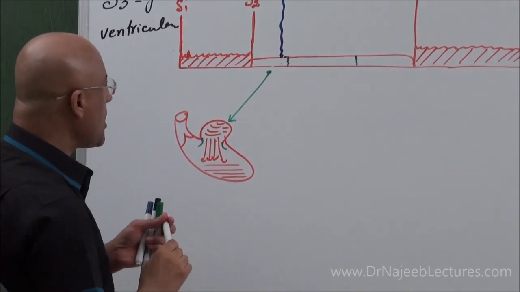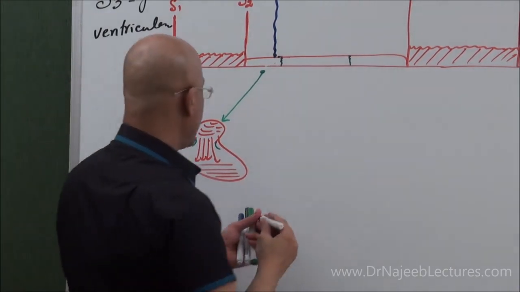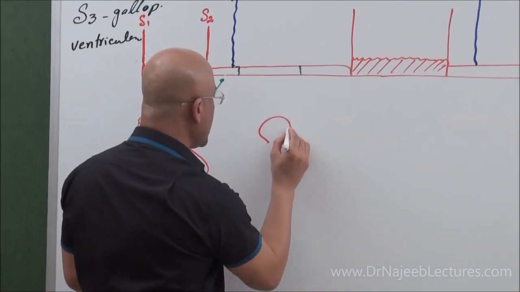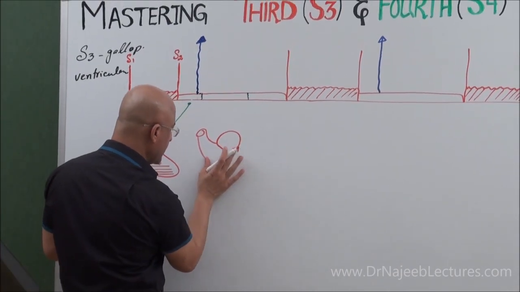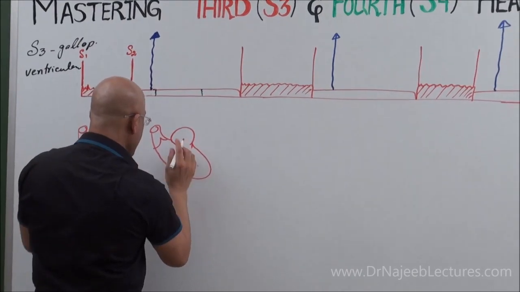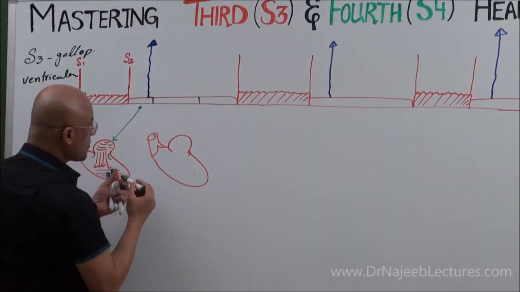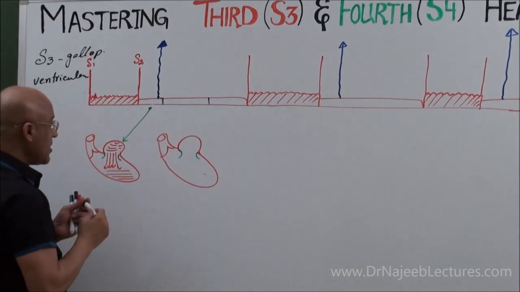Clear? Now what happens during middle diastole? Before the middle diastole, the ventricle is a little bit distended now. During the middle diastole, of course, these valves are still open, right?